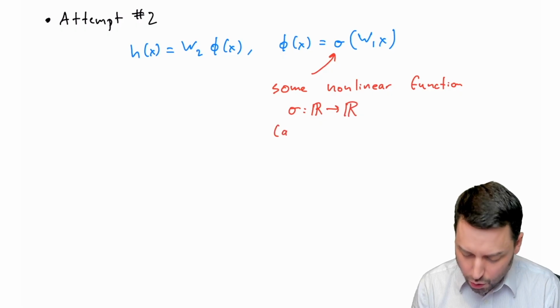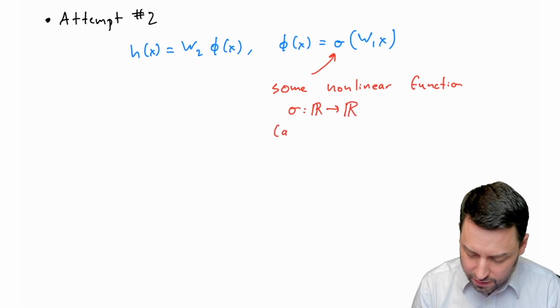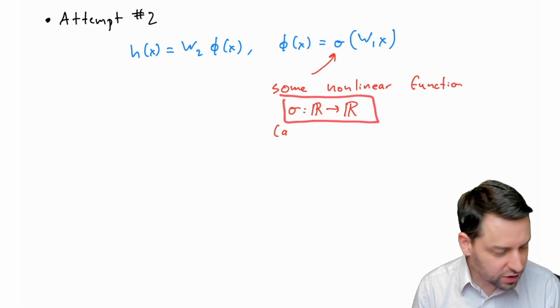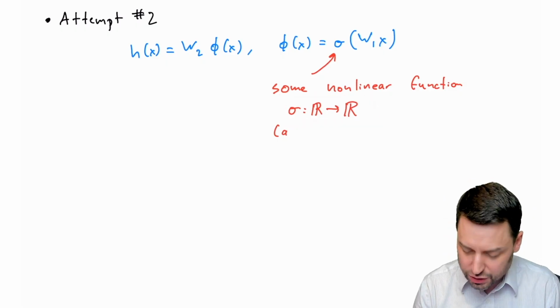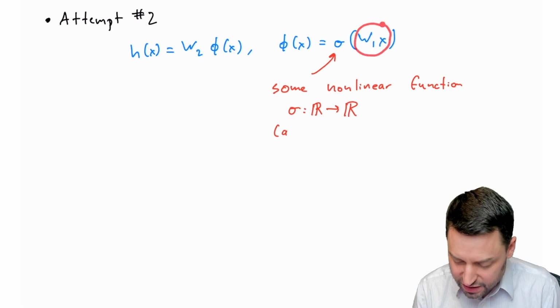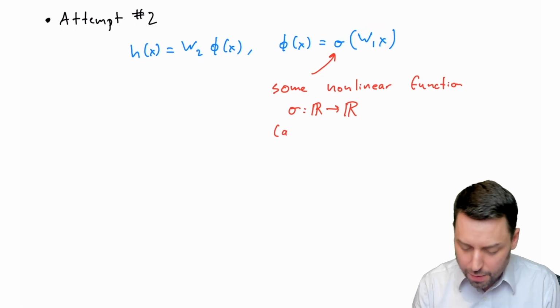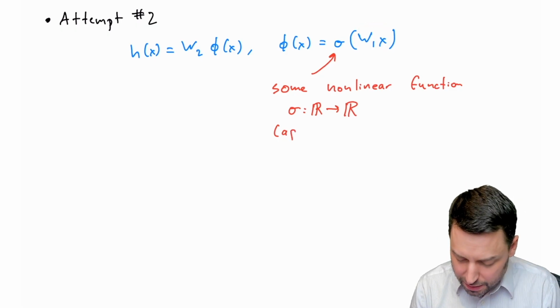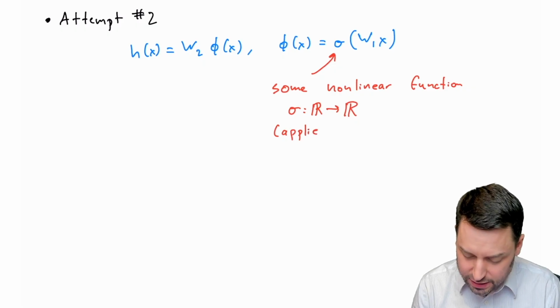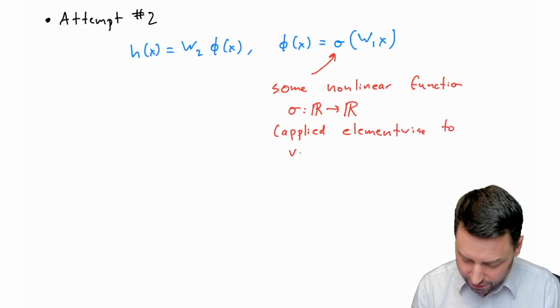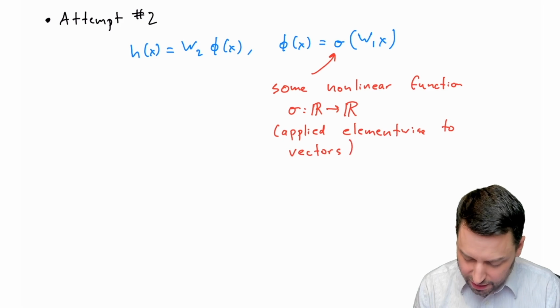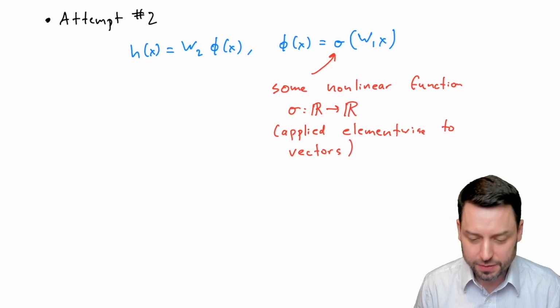And when I say sigma is a scalar function, since its argument is a vector, what I really mean is that sigma is being applied element-wise. It's being applied element by element to every entry in that vector.